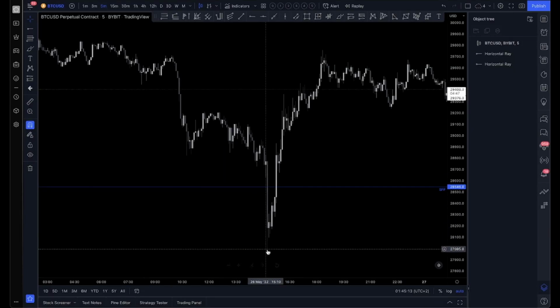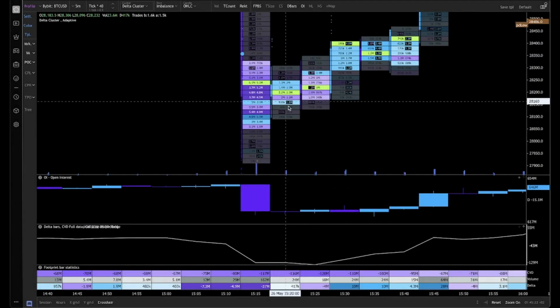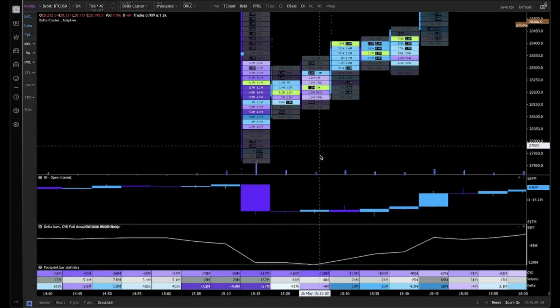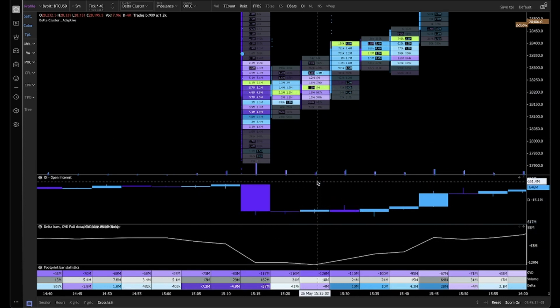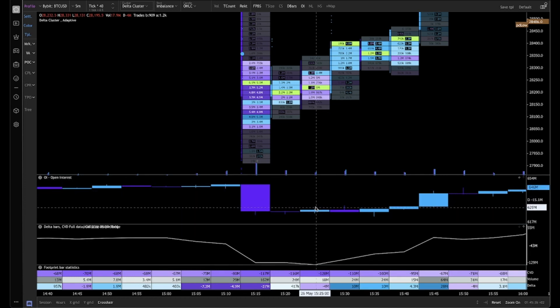in this lower wick. So we can see here that in the third candle, 4 million negative delta opened, and we can see that they are new positions because of the increase in open interest, and then we can see they are shorts because of the negative 4 million.